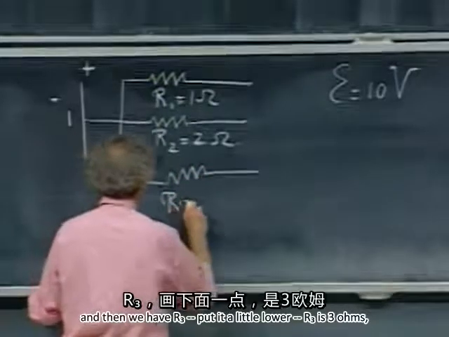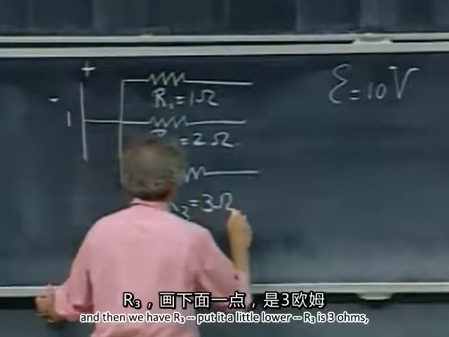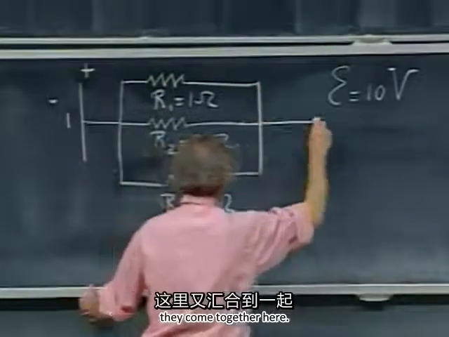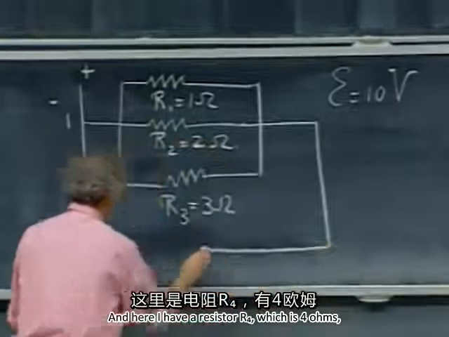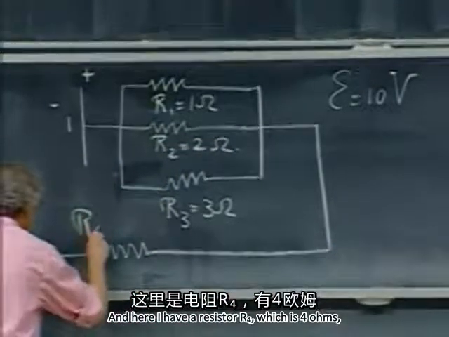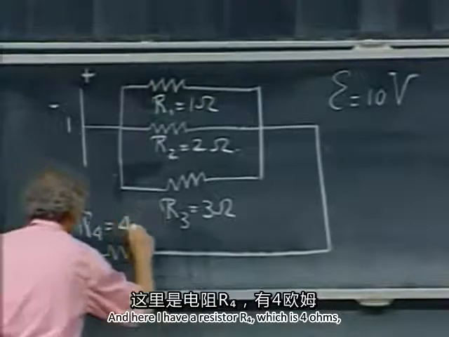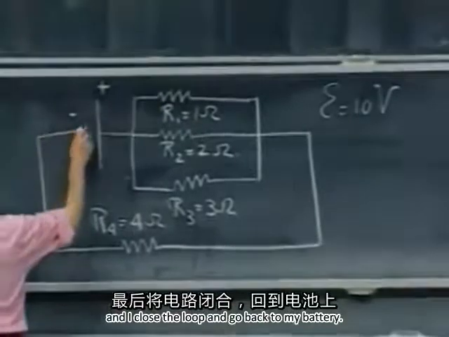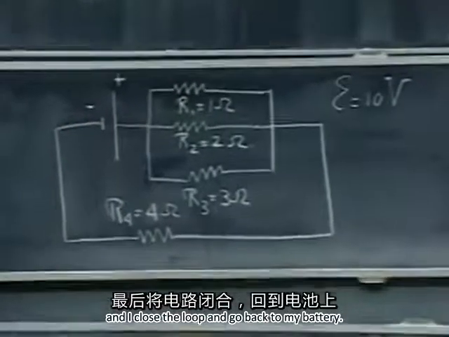R3 is 3 ohms. They come together here. And here I have a resistor R4, which is 4 ohms. And I close the loop and go back to my battery.